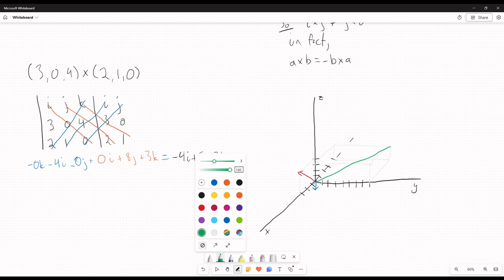And again, it's kind of hard to tell when we're in multiple dimensions like this, but in fact, that is going to be perpendicular to the red and blue vectors. And you can kind of see it a little bit.